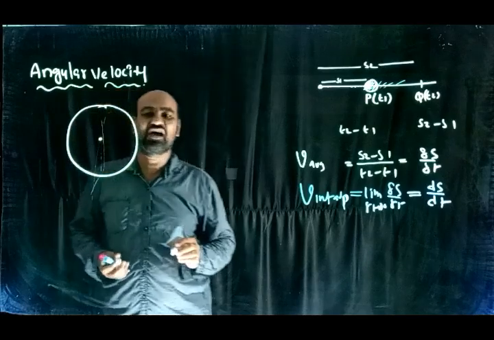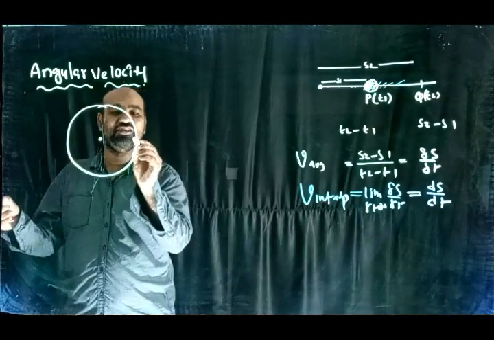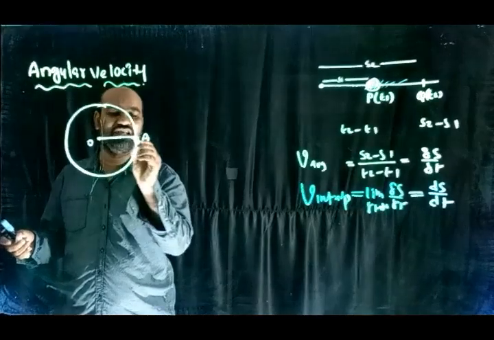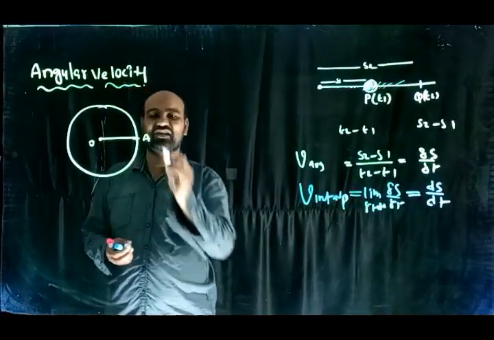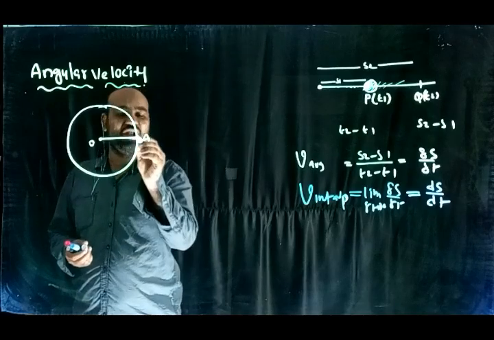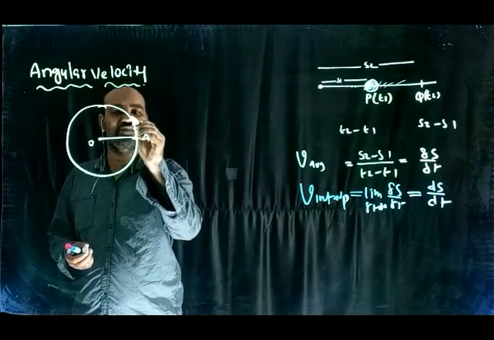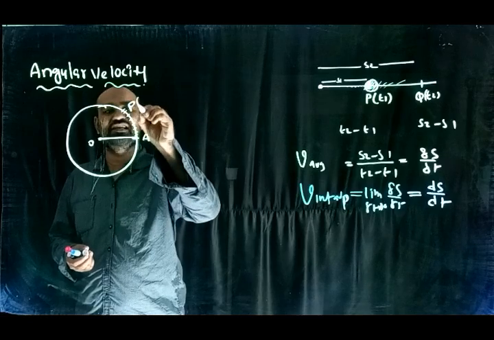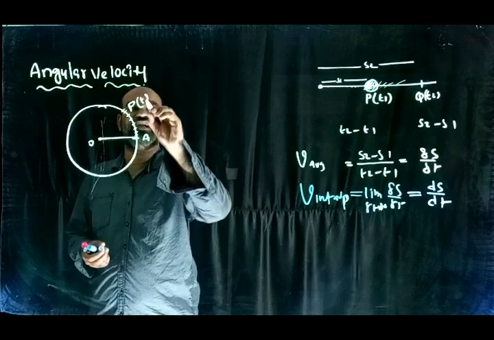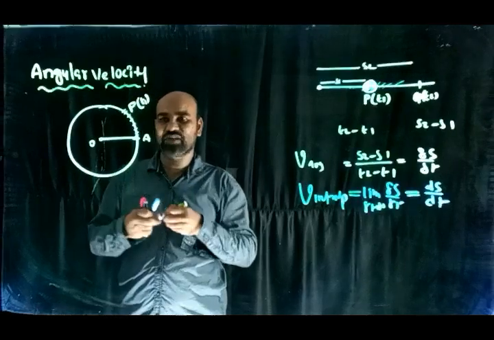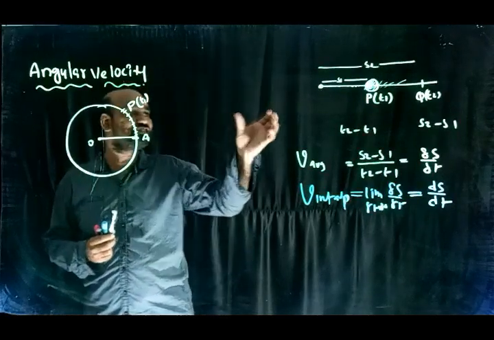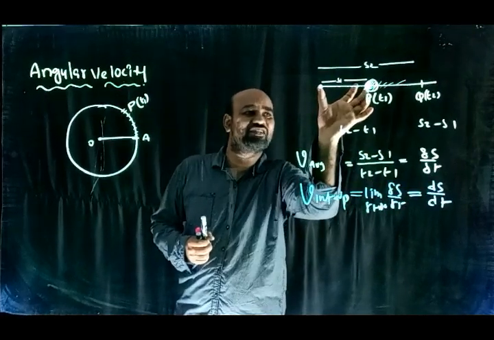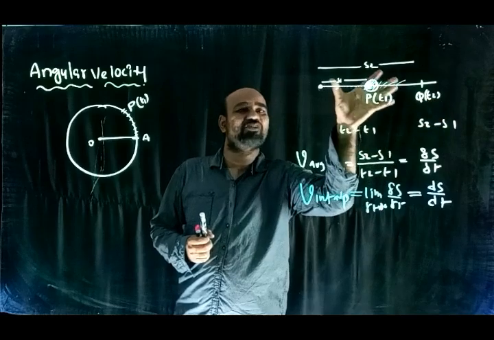The particle is moving on a circle. Initially the particle is at A, which means t equals 0. Now the particle is moving, and after time t1 the particle is at P. After time t1 the distance travelled by the particle is s1, and after t2 the distance travelled is s2.